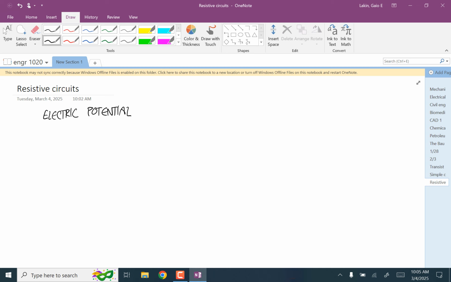The first one is electric potential. The second one is voltage. Current. And resistance. And we're just going to try to make sense out of the relationships between these things.